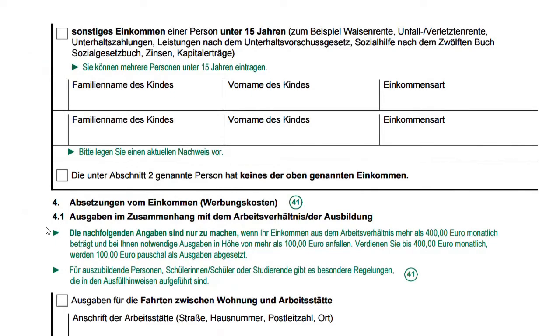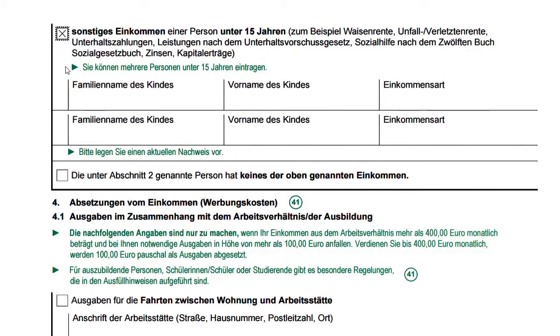If a person or more than one person in your family who is under 15 years of age has other types of incomes, for example, orphan's pension, accident or injury pension, maintenance payments, benefits under the Advanced Maintenance Act, social assistance under the 12th Book of Social Security Code, interests or capital gains, you mark here with a cross.